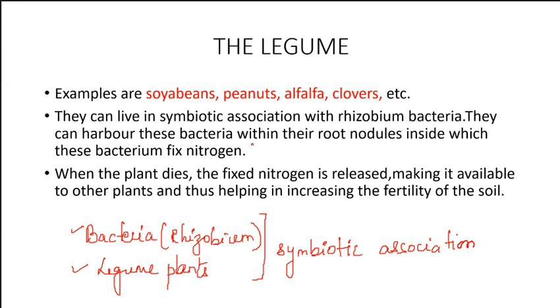So let's start with what legume plants are. Examples include soybeans, peanuts, alfalfa, clover, so all the dal family of plants. The pulses include the legume plants. These plants live in symbiotic association with Rhizobium bacteria. They can harbor these bacteria, giving them a place to grow inside. These plants form nodules, and the nodules enlarge and give the bacteria a place to live.